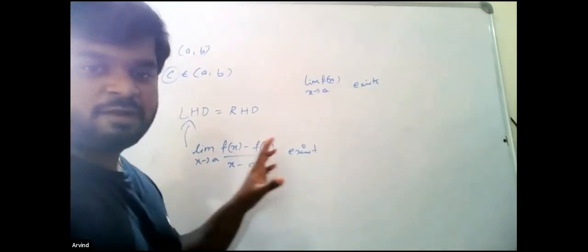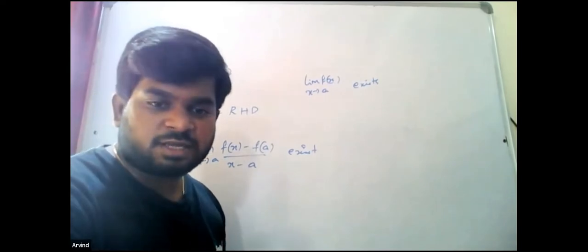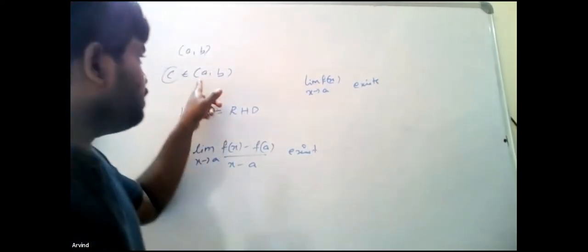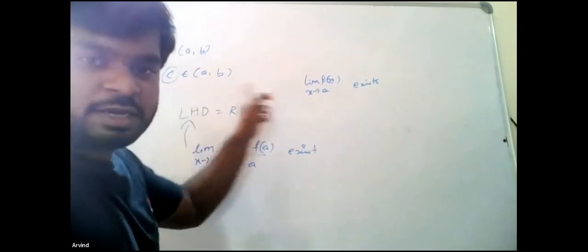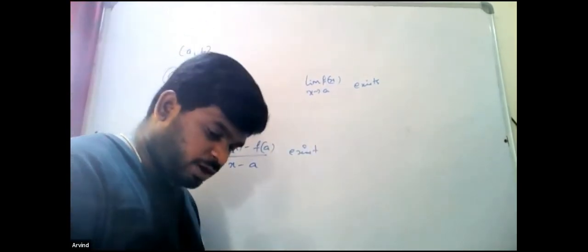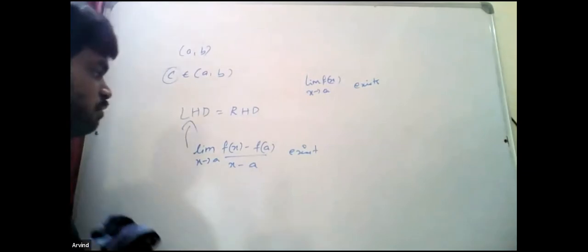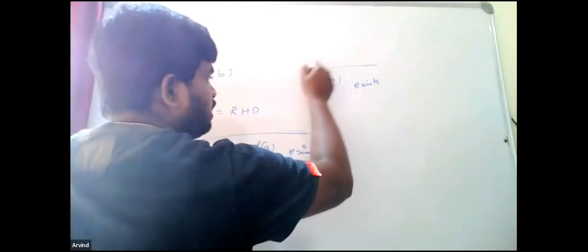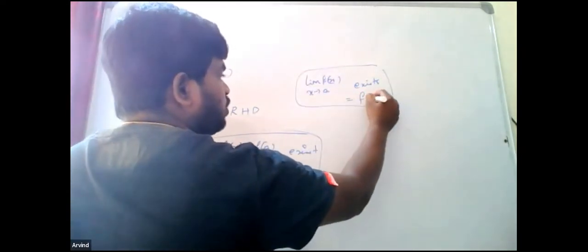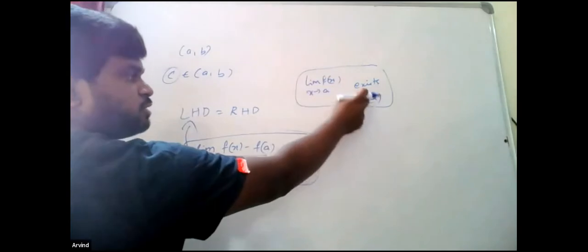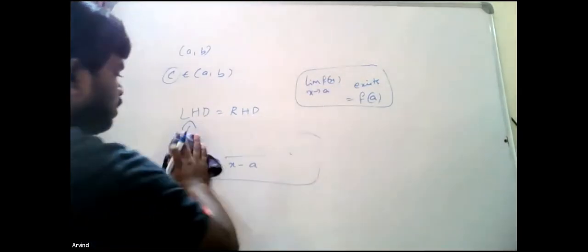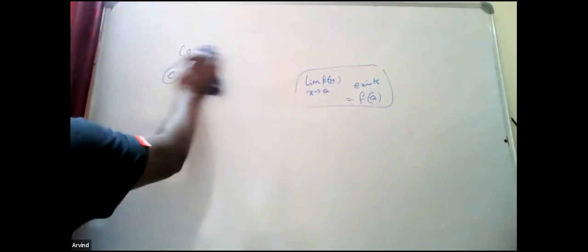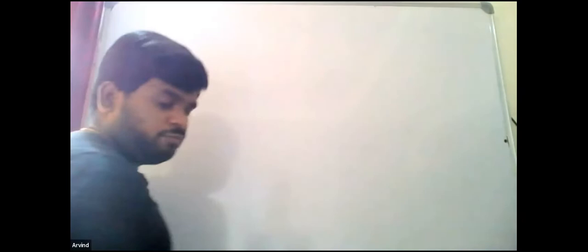If this exists, then we say the function is differentiable at x equal to c. If it is differentiable at all points in the interval, then it is differentiable in the domain. So differentiable means this limit should exist. Continuous means this should exist and should be equal to f of a. These two definitions you have to know.